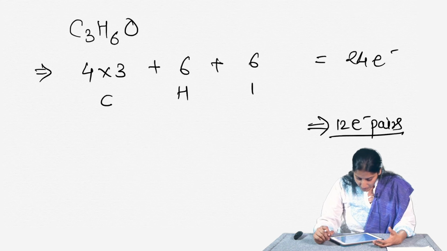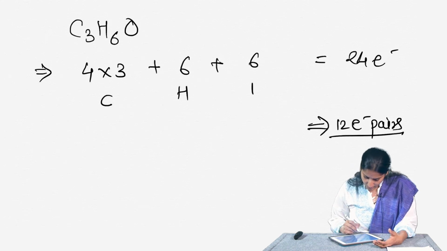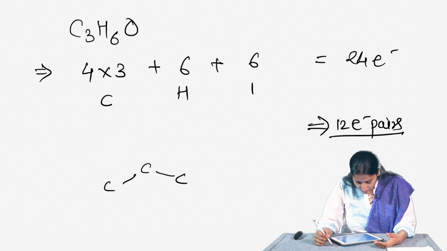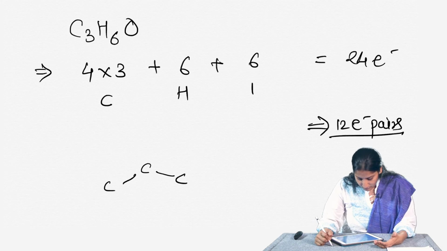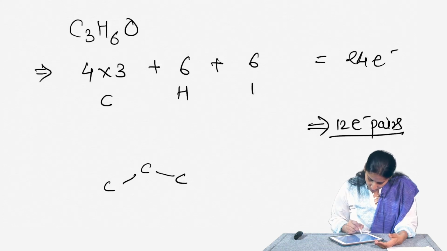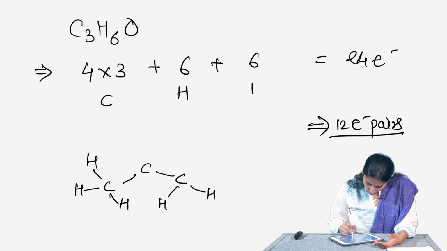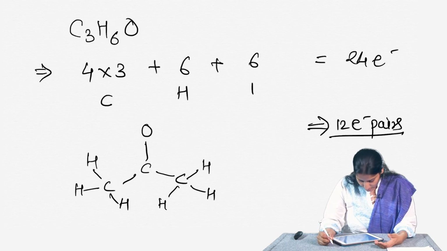Now, let us draw a skeleton such that the 3 carbons are in one line, okay. And you can draw the 6 hydrogens such that they are forming bonds here. The middle carbon is forming a bond with the oxygen.